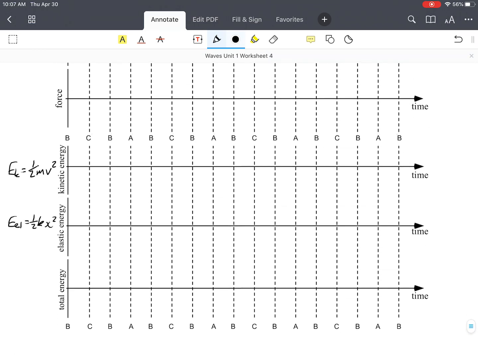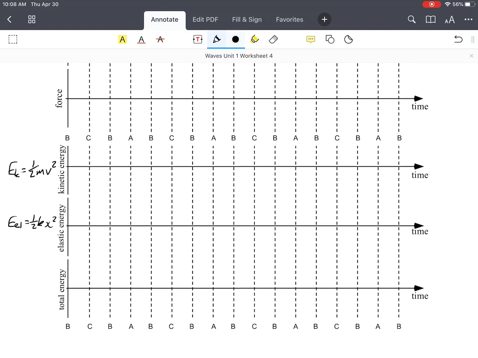And just one quick little note here with those, notice that kinetic energy is related to velocity squared, and elastic energy is related to displacement squared or position squared. That means if you are squaring how far the position is away from equilibrium, that makes elastic energy always positive.